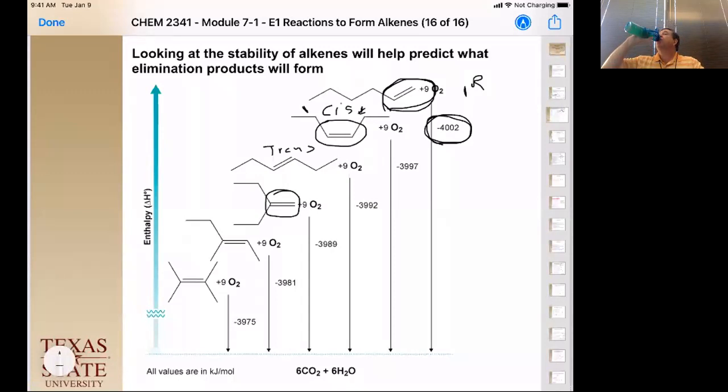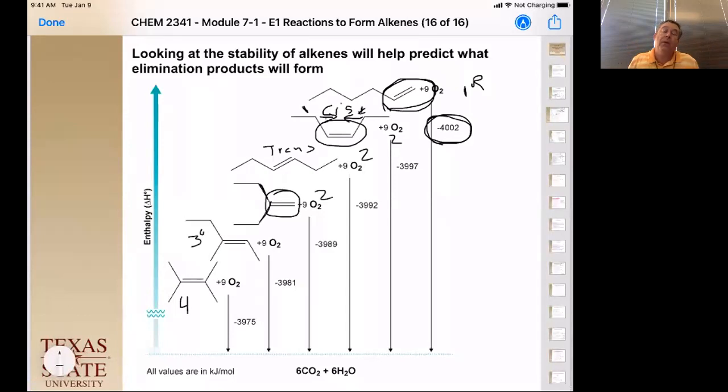Excuse me. Those two substitutions on the same side are more stable than the cis configuration because we have this repulsion from here, so this is a little more stable. I don't remember why, it's just more stable. But here, these are all disubstituted, two different R groups on that alkene. This has three R groups on that alkene, and this has four groups on that alkene.